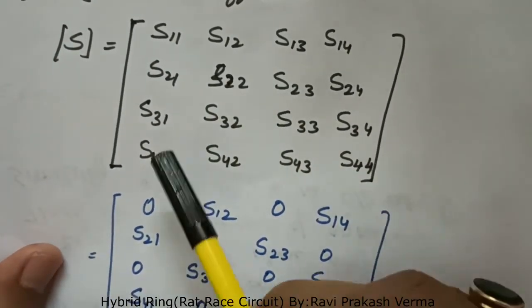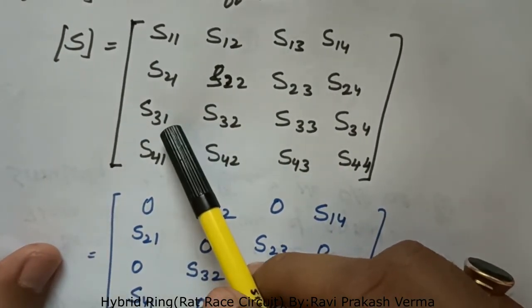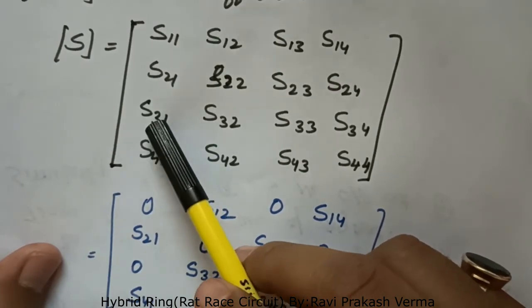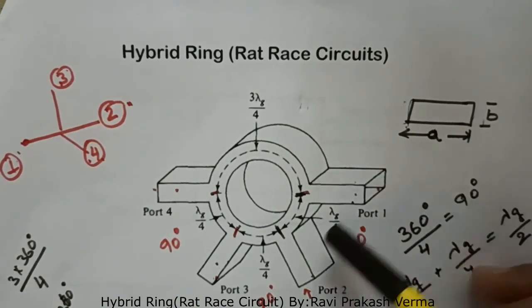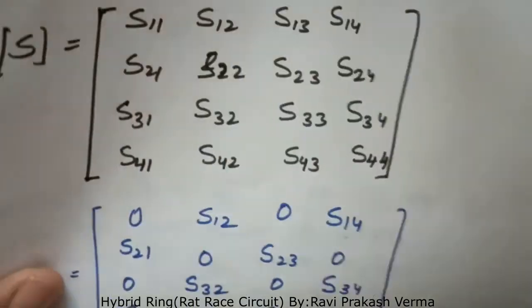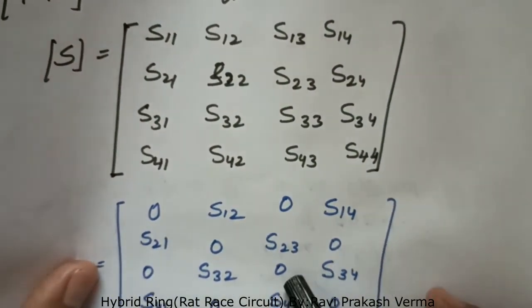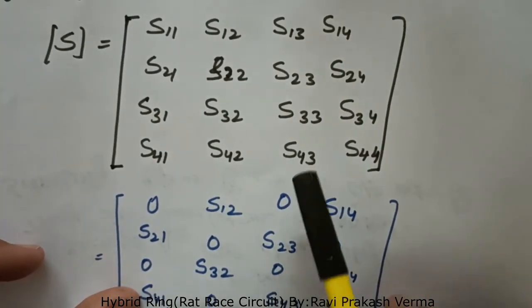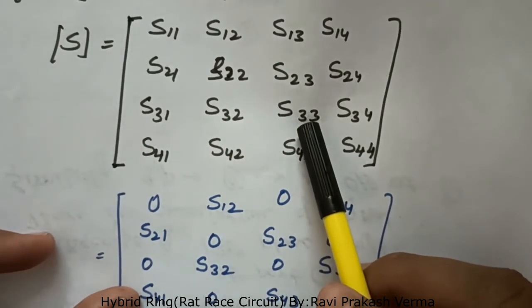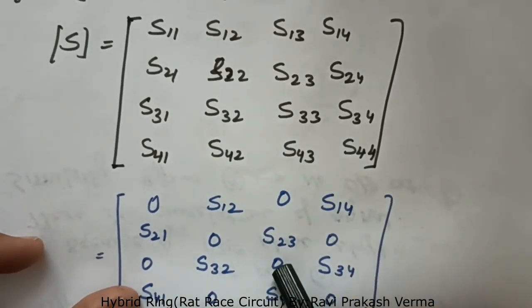Similarly, S31 means we are giving input at port 1 and taking output at port 3, and it is 0. S33 is also 0, because it is a perfect match circuit: we give input at port 3 and take output at port 3.